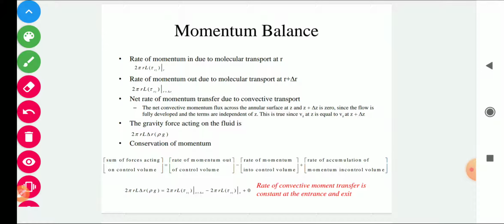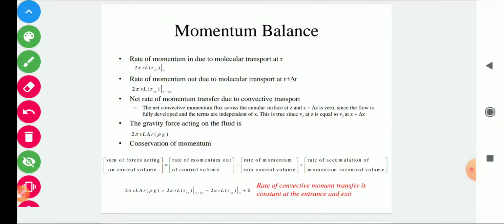The third force is gravitational force. The volume of the control volume will be equal to 2 pi R, its surface area, multiplied by the delta R thickness.